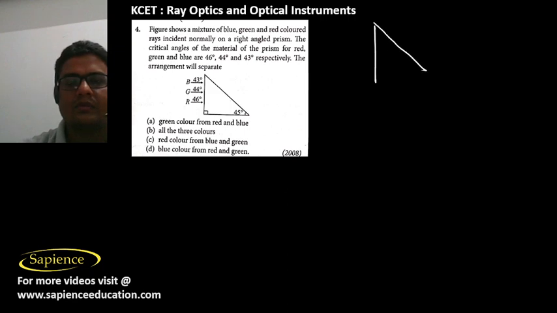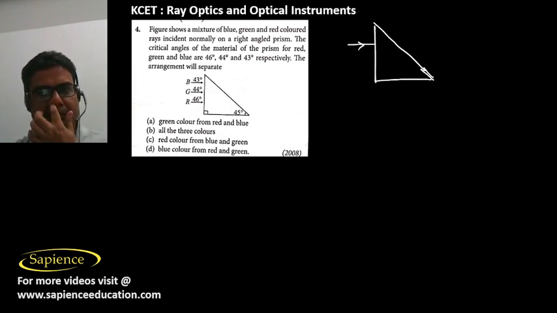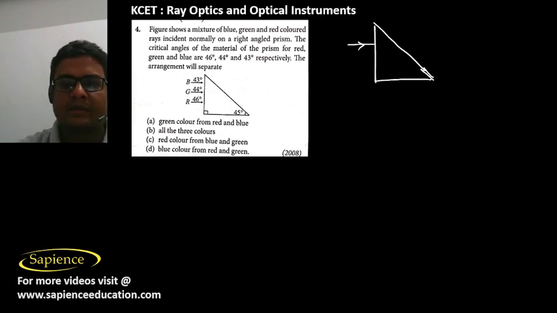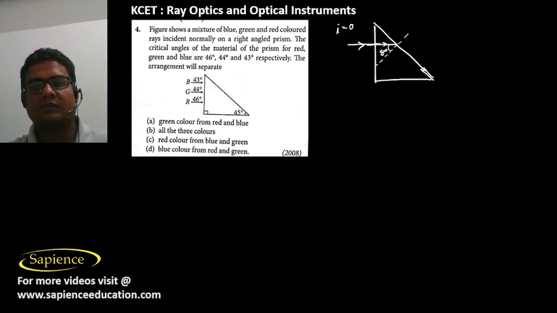So a mixture of blue, green, and red color has been incident. This will be incident normally, so the angle of incidence is 0 degree and the angle of refraction will be 0 degree also. Then the angle of incidence here is 45 degree.